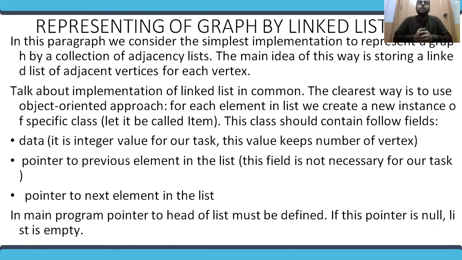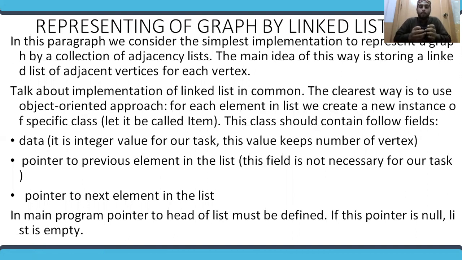Representation of graph by linked list. In this article, we consider the simplest implementation to represent a graph by a collection of adjacency lists. The main idea is storing a linked list of the adjacent vertices for each vertex.